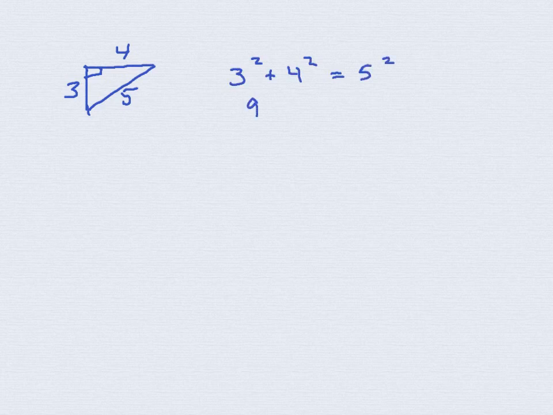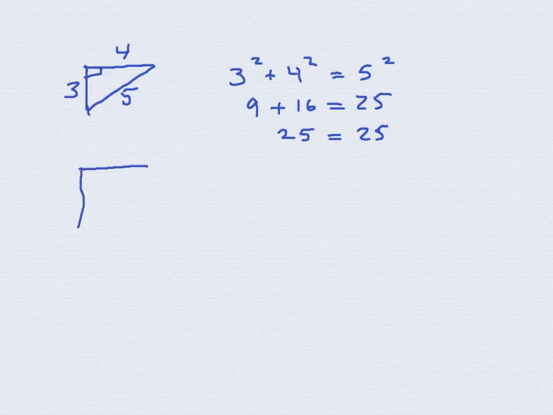So 9 plus 16, 25 certainly does equal 25. Since the left side equals the right side, these dimensions of 3 and 4 and 5 must therefore be a right angle triangle.